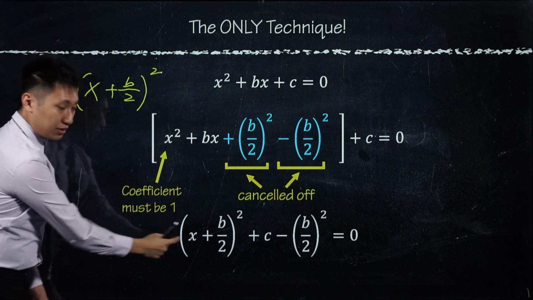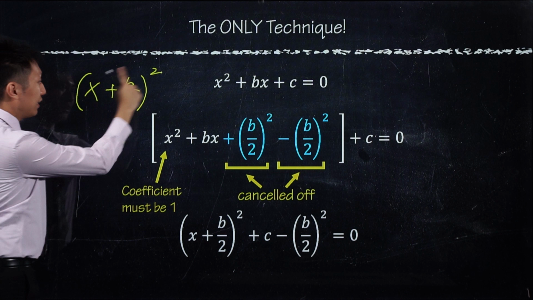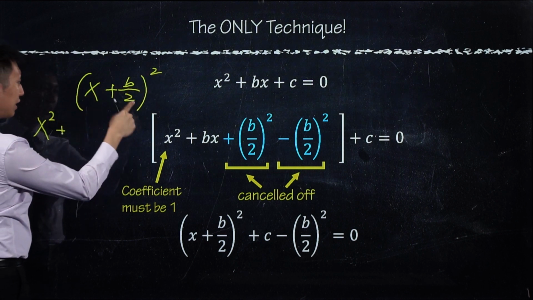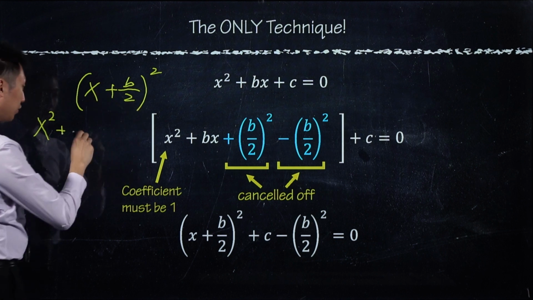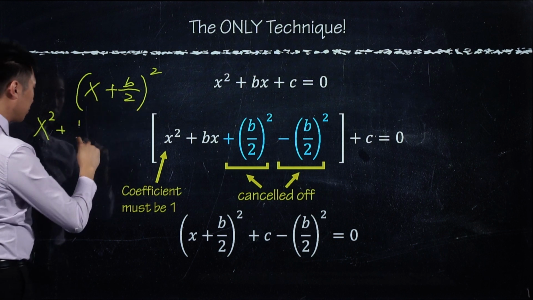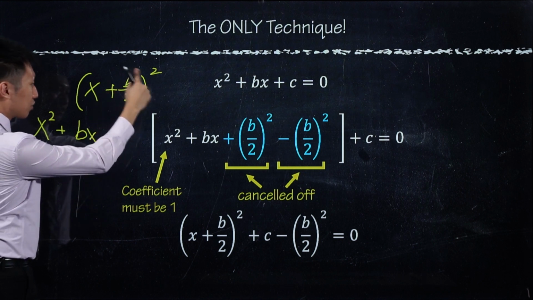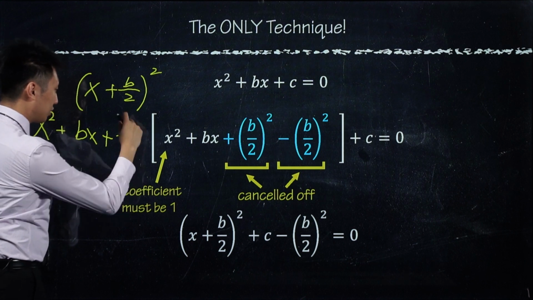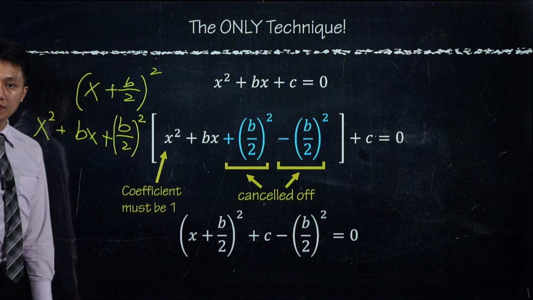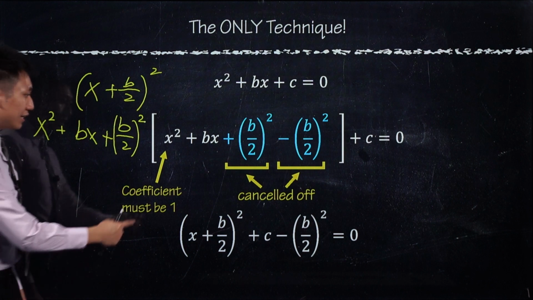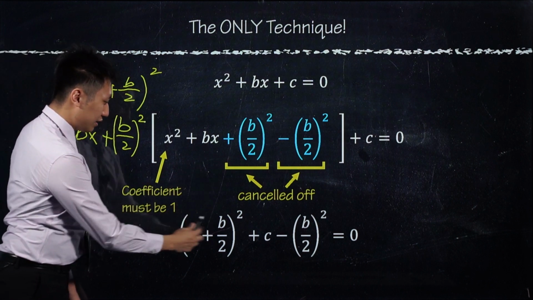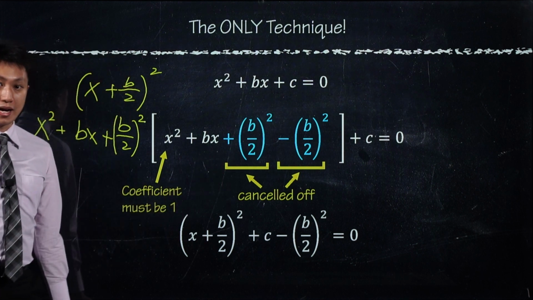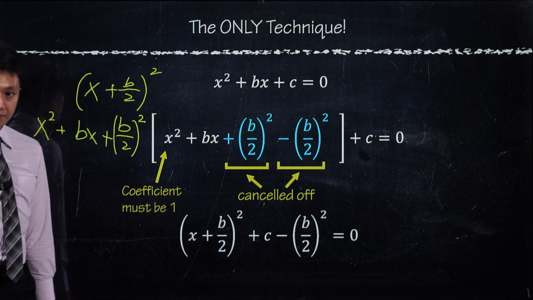So this will be x squared, then plus 2 times x times b over 2. So the 2 and 2 cancel off, and you only have bx. Then the last term squared, so plus (b over 2) the whole thing squared. So you got this one, which is the same as this one, right? So this term and this term will be the same. Then we have completed the square. This is what you want.